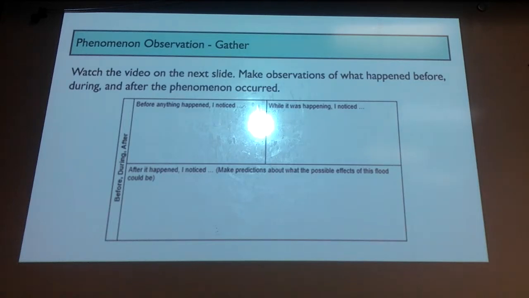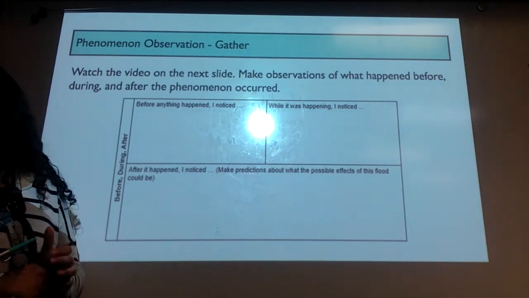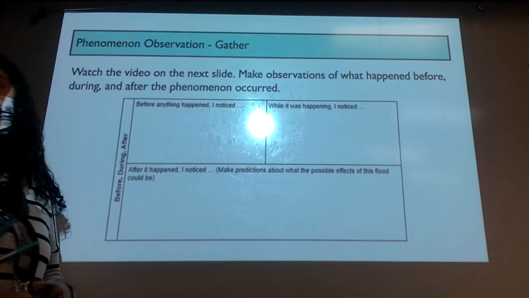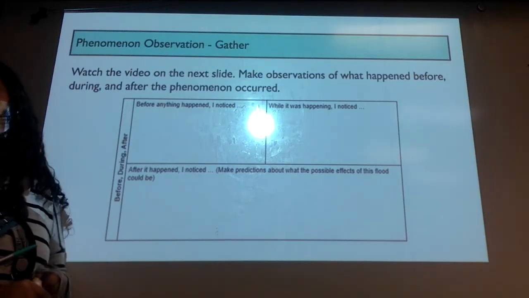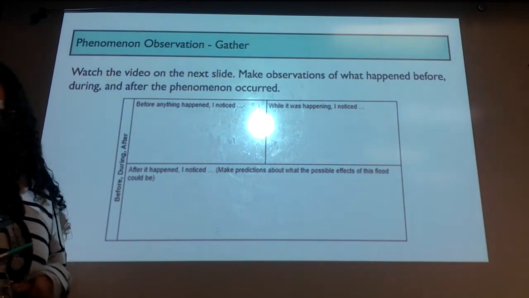Before anything happens, I noticed blank. What did you notice? Dylan, thank you for raising your hand. The carpet was soaked, but before the carpet is well soaked, we noticed what? There was lots of water outside.